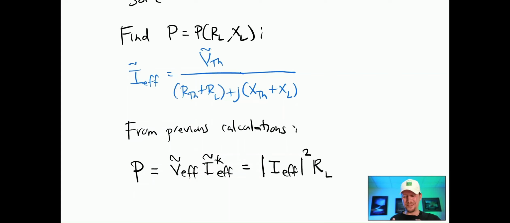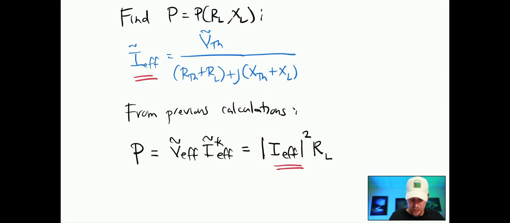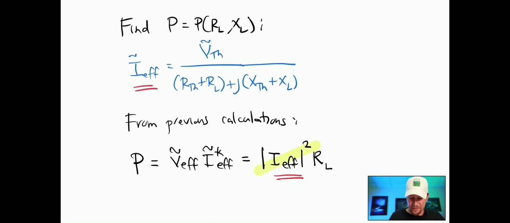This is something that we calculated previously. Now, we know exactly what the effective current is, so if I can find the magnitude of it, then I can plug it into here and we'll realize what we were looking for. We were looking for the power as a function of the load resistance and the load reactance. So here, I'm going to concentrate on finding the magnitude of this effective current, and I can find it by finding the magnitude of this equation up here.